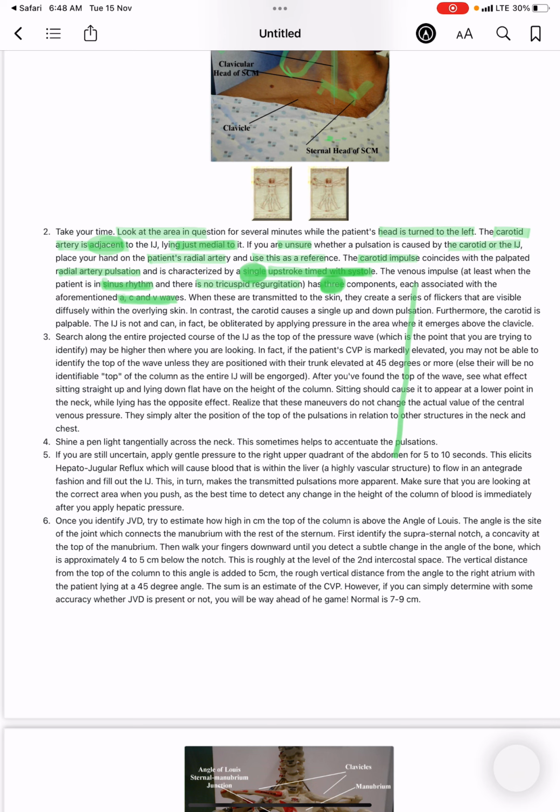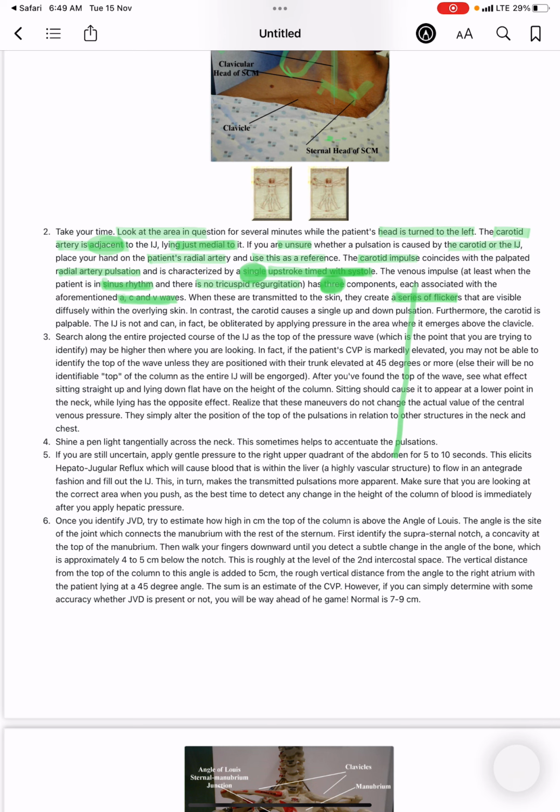When these are transmitted to the skin, they create a series of flickers that are visible diffusely within the overlying skin.